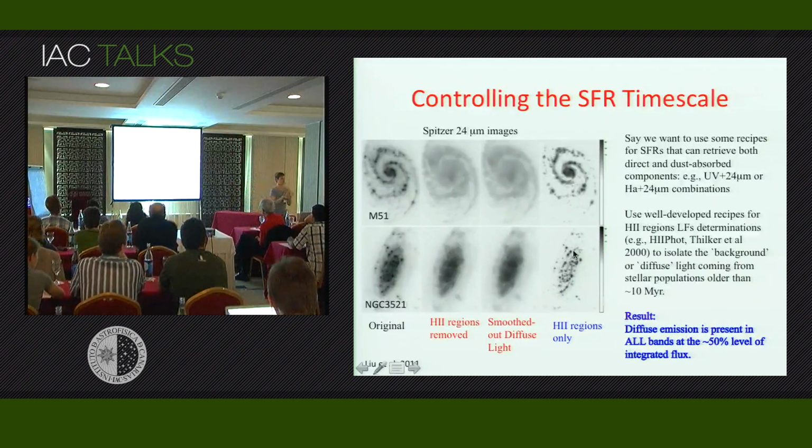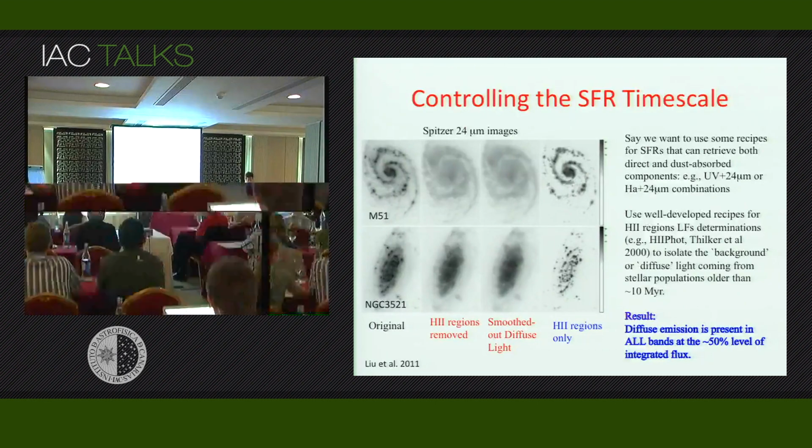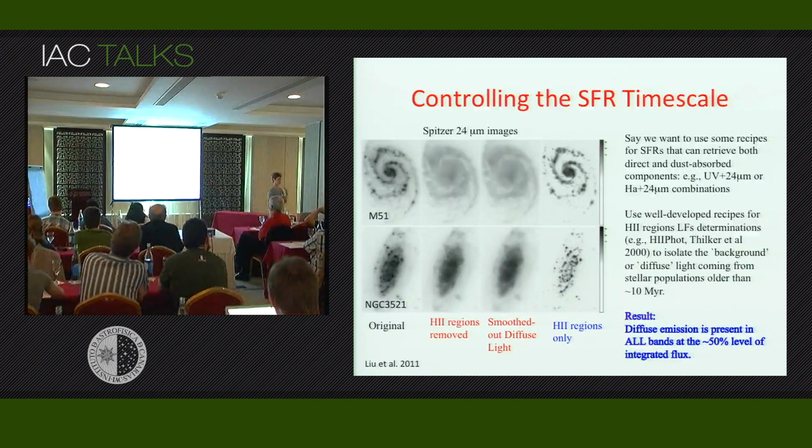So the question that you want to ask is, with this type of processing, what are you actually removing? How much light are you removing from your system? If I call this smooth component diffuse emission or diffuse light, I see that, for instance, at 24 micron, I remove roughly 50%. I also remove roughly 50% in the UV and the H-alpha as well.